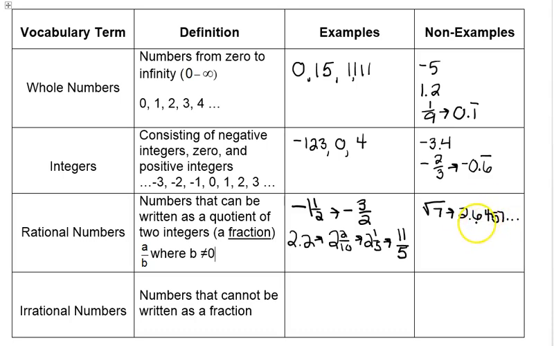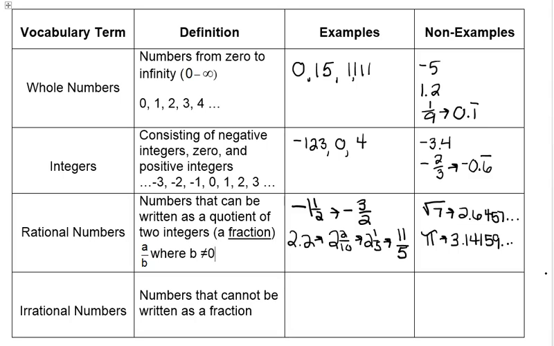So it would be an example of an irrational number, which we'll talk about in a little bit. Another non-example would be pi, because pi is 3.14159, and it goes on and on and on. How many decimals of pi do you know?